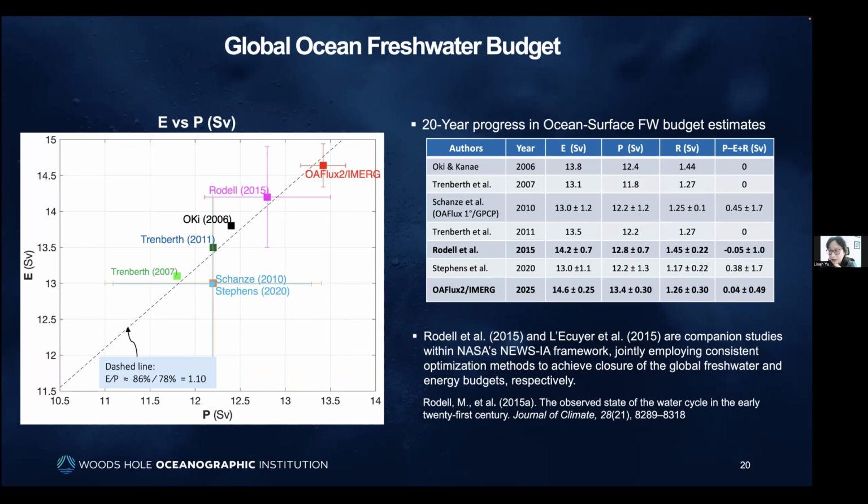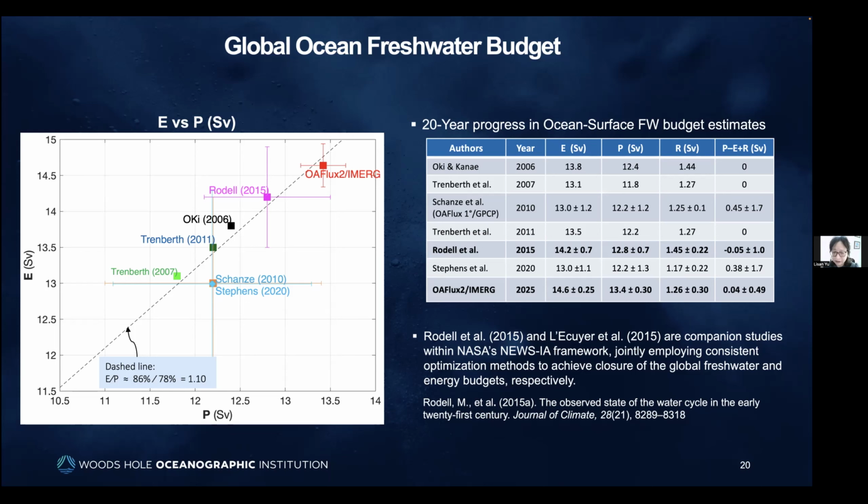You can see their E, P, and R versus the total budget. And the scatter plot shows how they line up along the dash line.